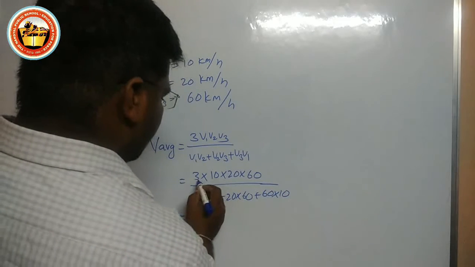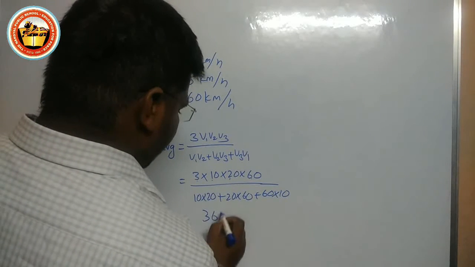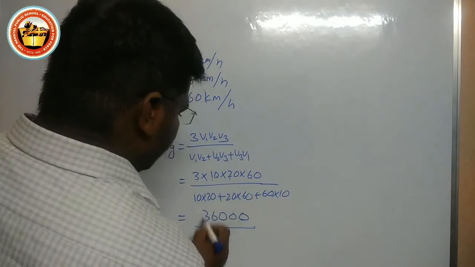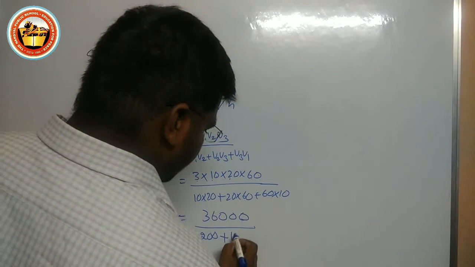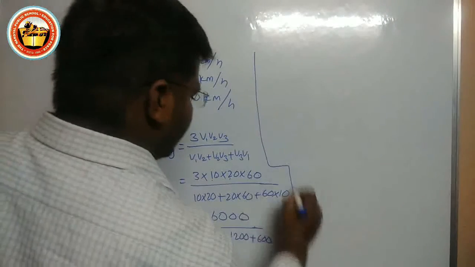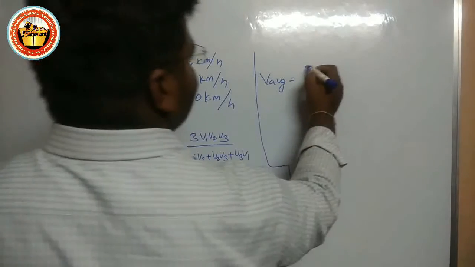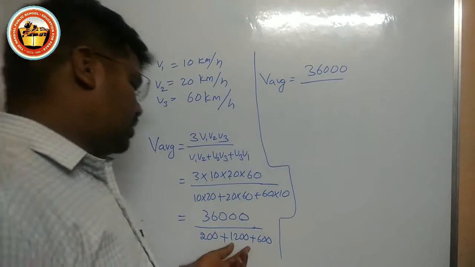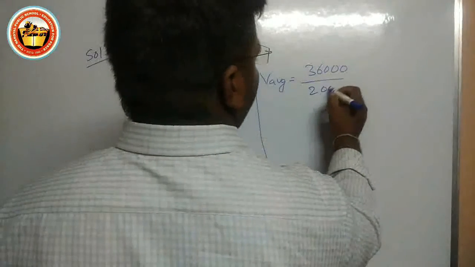In the numerator, 3 ones are 3, 3 sixes are 18... 3600. In the denominator, 10 into 20 is 200, plus 20 into 60 is 1200, plus 60 into 10 is 600. V average is equal to 3600 divided by 200 plus 1200, 1400, plus 600, 2000.